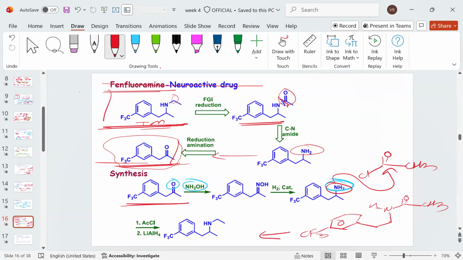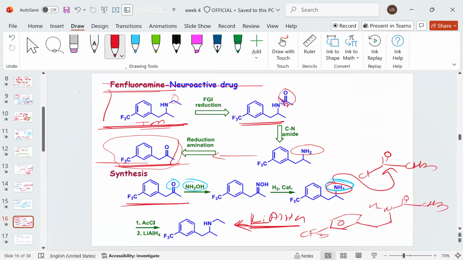Further, upon reduction of this amide with LiAlH4, it gives the amine. For that we need to know how the reduction works and what the suitable reagent is, which we have already covered in the first or second video, I think.